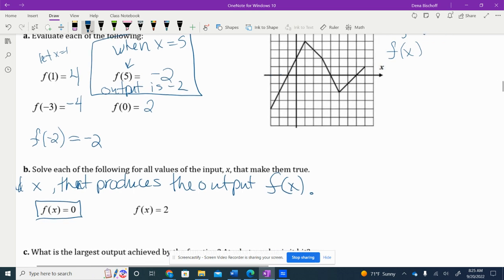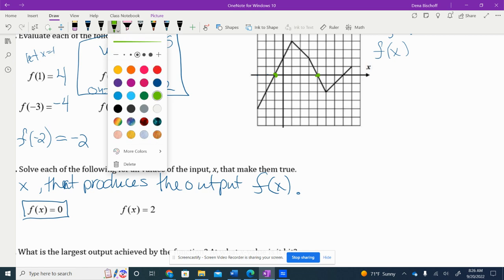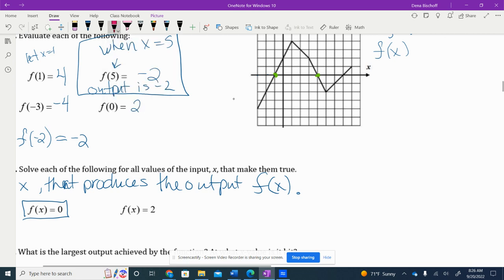So let's just go touch the graph, highlight all the points where y equals 0. Well, y is 0 right here. Y is 0 right here. Are there any other places on the graph where y is 0? Yes, where is it? Right here, correct?